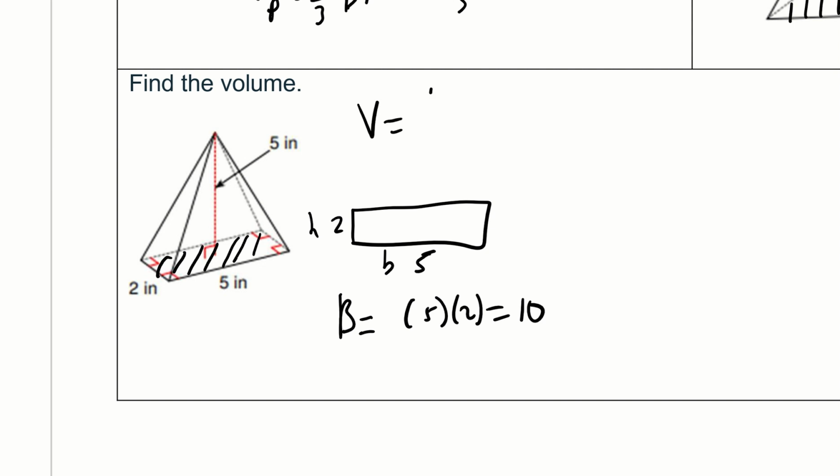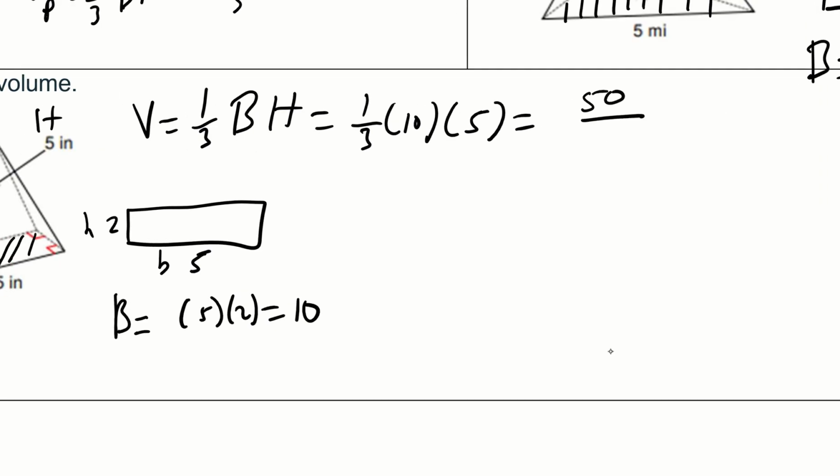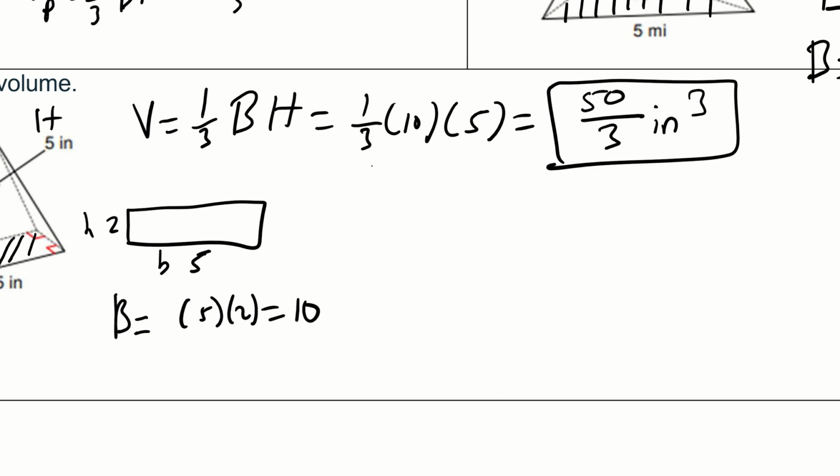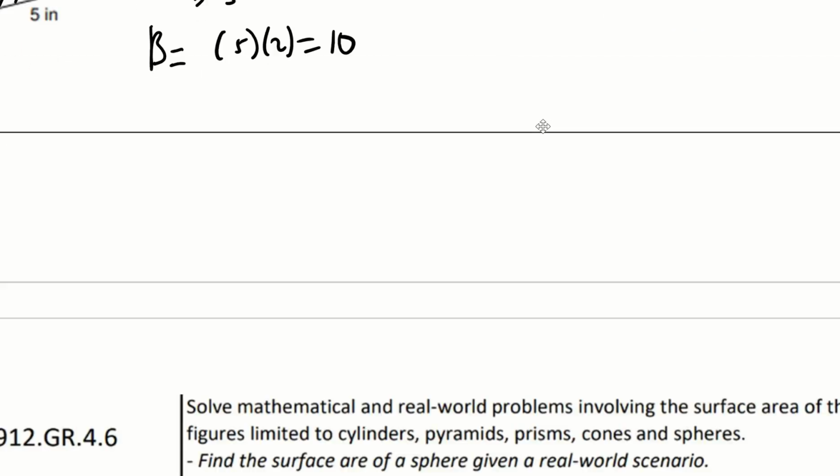Remember the formula for a pyramid is 1/3 base area times height. And this is the height. So we got 1/3 times 10 times 5. 5 times 10 is 50. So you got 50 over 3. 50 divided by 3 is a decimal, so you can leave it like that. This is the volume. All right, so that takes care of that one.